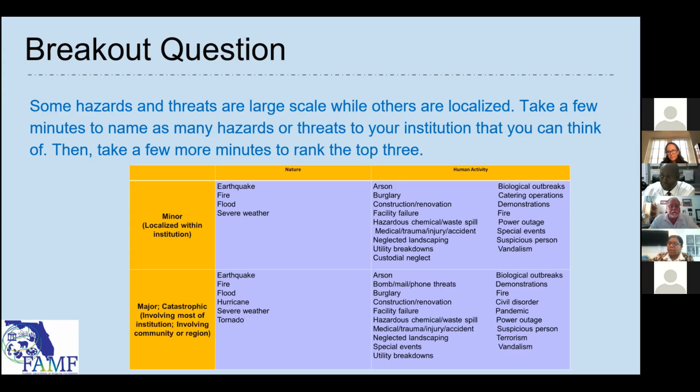So I think, as has been the commonality since we all do live in Florida, hurricanes were at the top of our conversation list. Of course, that comes with flooding and wind and such. For myself in particular, we're not in a historic building, but we are in an older building. So we had conversations about facility failures and leaking from the roof, even on a heavy raining day, things of that nature.